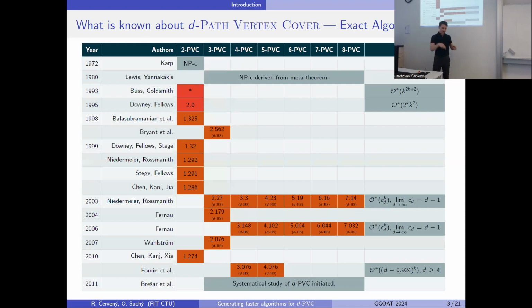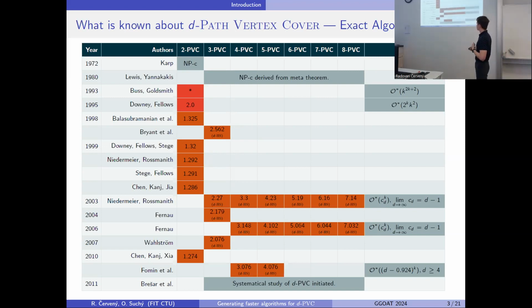So let's go back to the d-path vertex cover and briefly look at what we know about the problem. It was introduced in 2011 by Brešar, and from that point onwards, it was systematically studied. Since it's a special case of the d-hitting set problem, we get quite a lot of results stemming from d-hitting set.